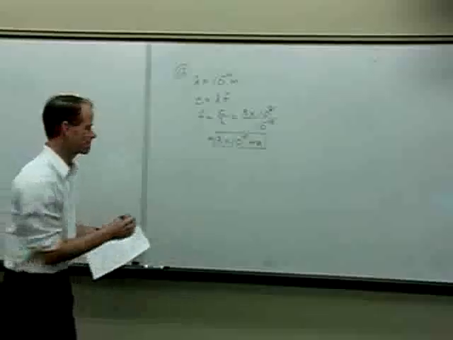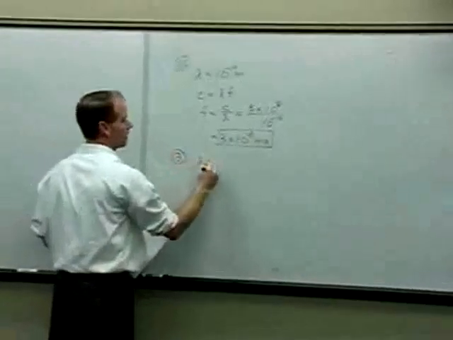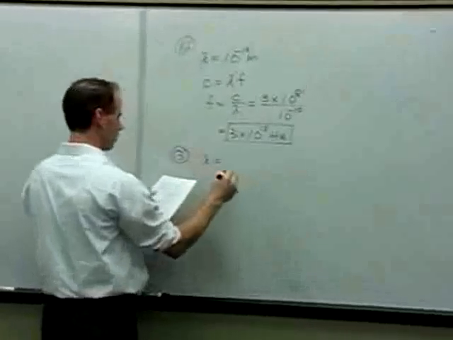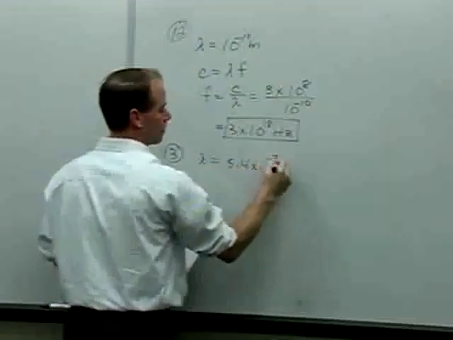13. Green light has a wavelength of 5.4 times 10 to the minus 7 meters. What is the frequency of this electromagnetic wave in the air? All right, so we're given the wavelength of green light, 5.4 times 10 to the minus 7 meters.